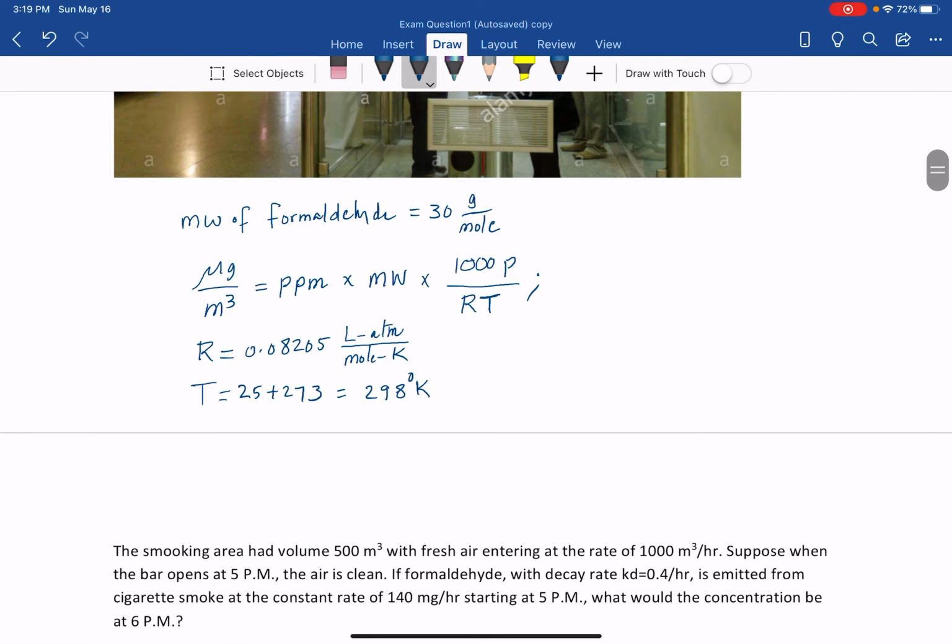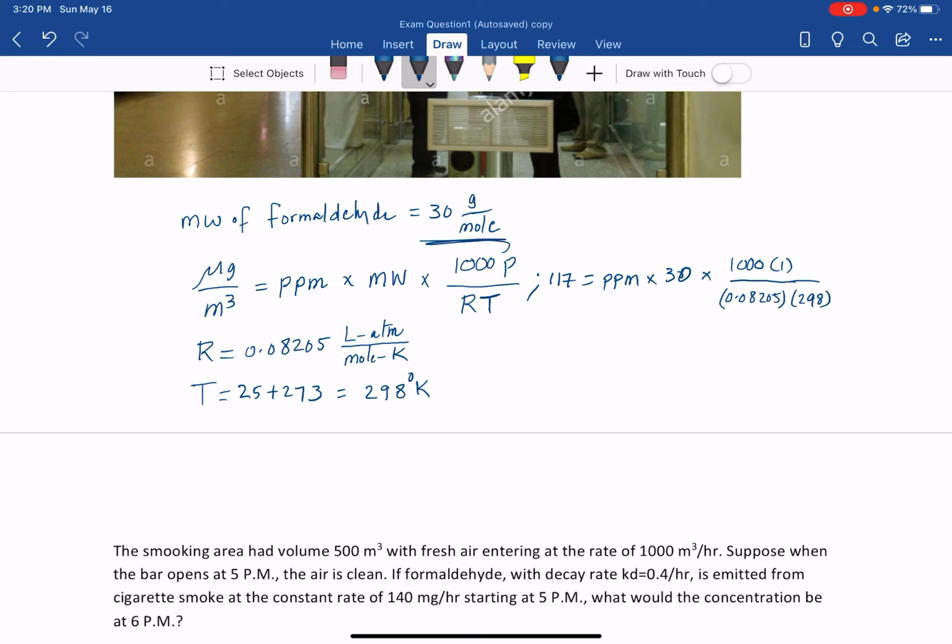117 on the left side equals ppm times the molecular weight of formaldehyde, which is 30, as you find from the periodic table, times 1,000, and of course it's 1 atmosphere, divided by R, which is given as 0.08205. Temperature is 298. Let's look at my calculator and see, does it give you irritation or no?